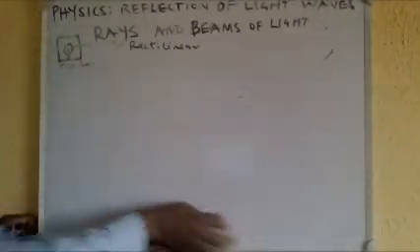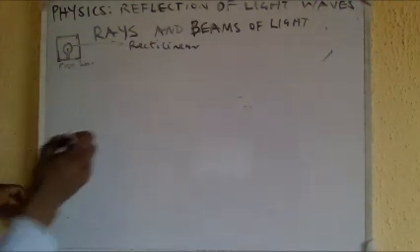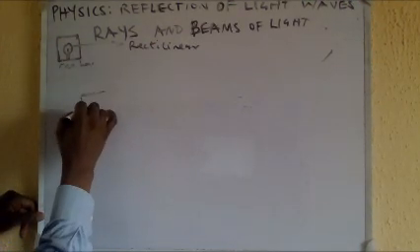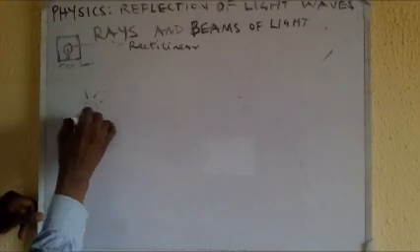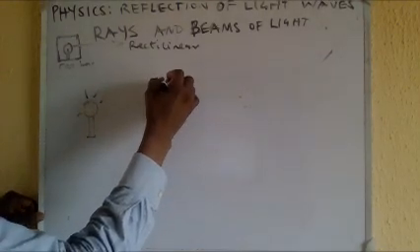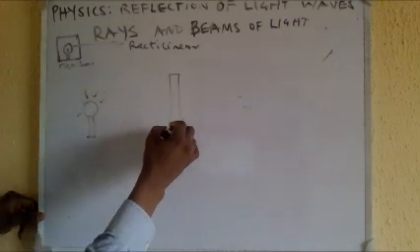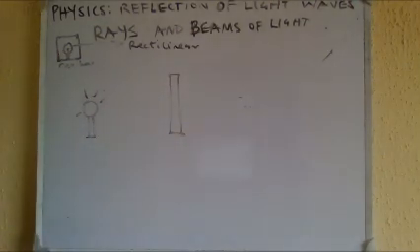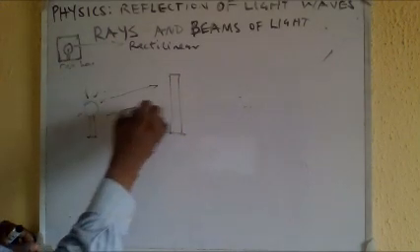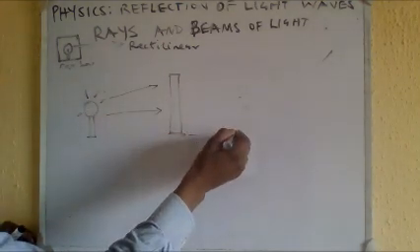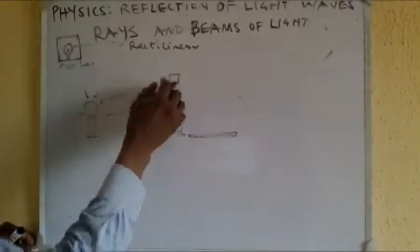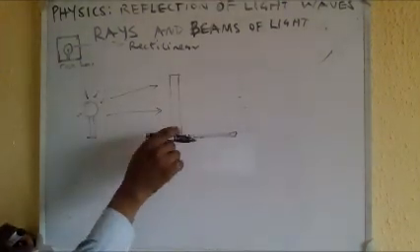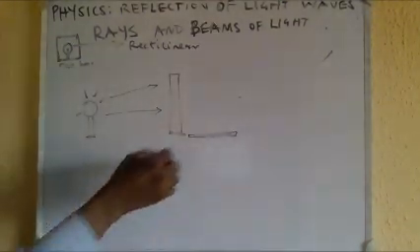Let's say this is a light source, for instance, and somebody is standing, and the light is propagated. The ray propagated directly on the object. You see that there's an image formed on the ground here. That's a shadow, understand, as a result of this light not going through this object. So the shadow is cast.